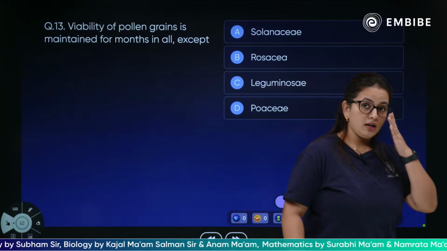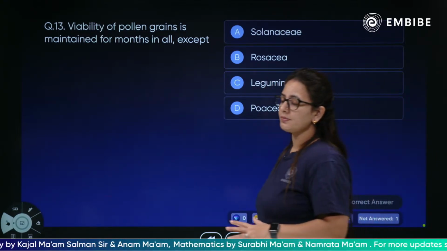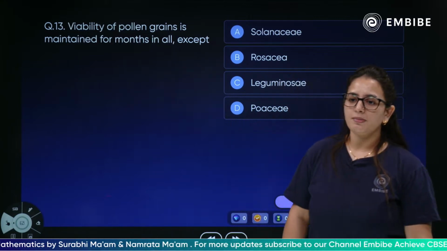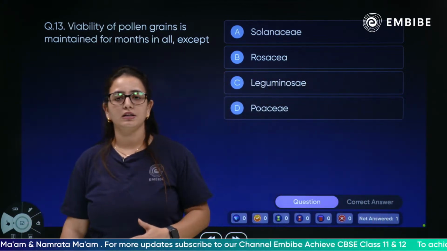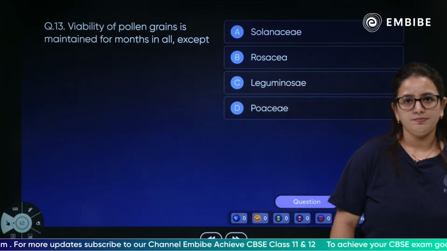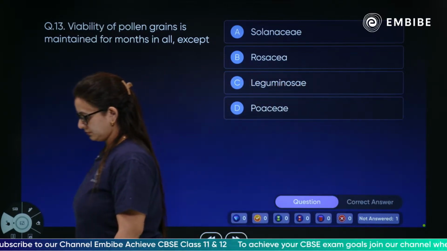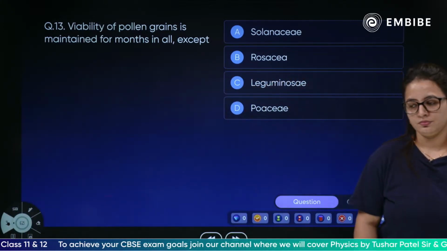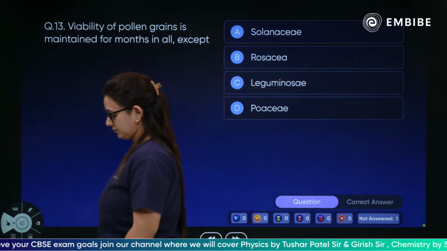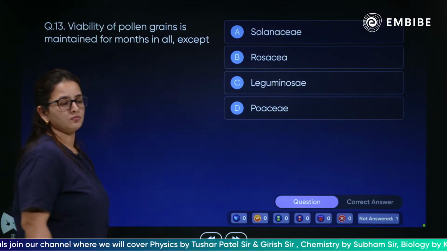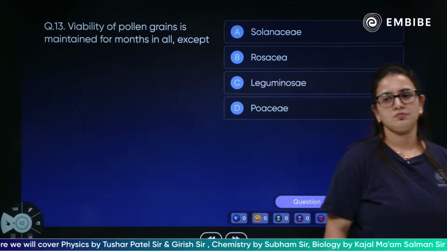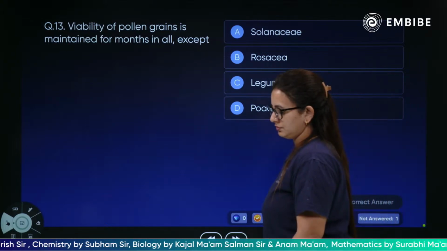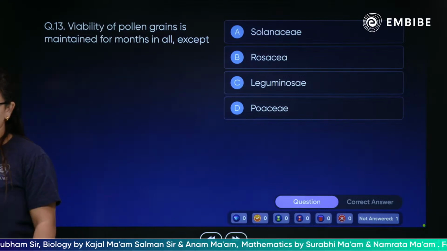Next question related to mega and microsporangium: viability of the pollen grain is maintained for months except in which family?